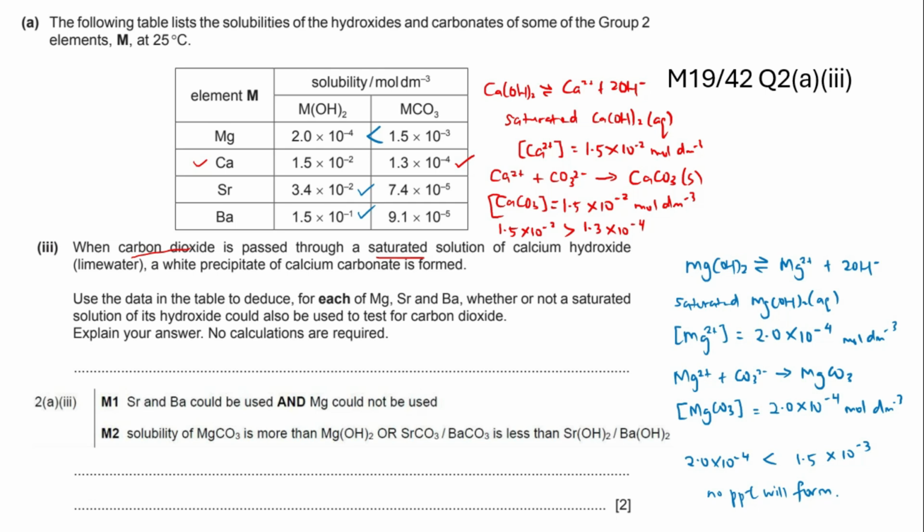So if CO2 is passed through a saturated magnesium hydroxide solution, no precipitate will ever form. So we cannot test the presence of CO2 by using saturated magnesium hydroxide solution. So the only hydroxide that is not suitable to be used for the testing of carbon dioxide is magnesium hydroxide.